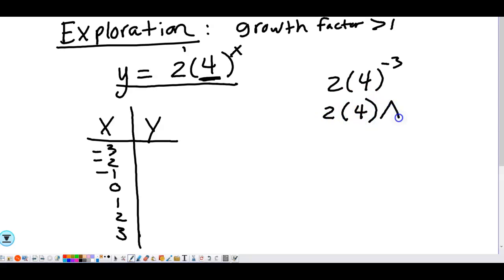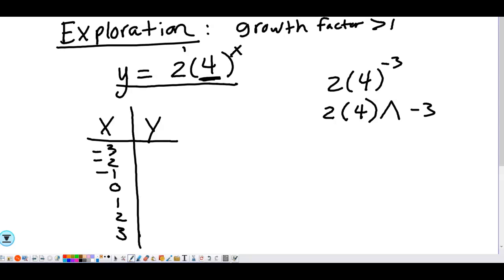You're going to find your little caret button, and you're going to push -3. Now be careful, though. When you type in -3, make sure it's the negative and not the minus. If you use the minus, your calculator is going to say error. The negative button is the one down here on the bottom corner. That's the one we want. We don't want the minus button. So go ahead and type that in and see what you get, and then just push equals.